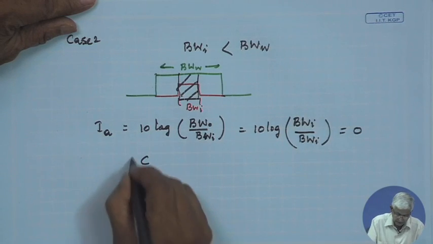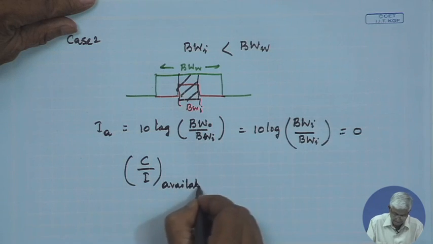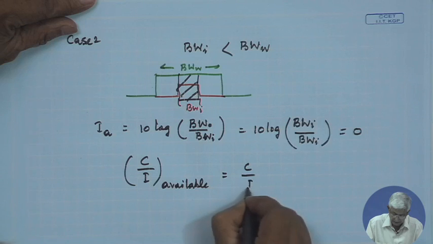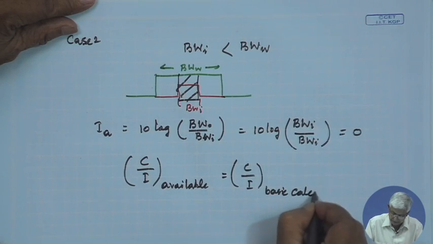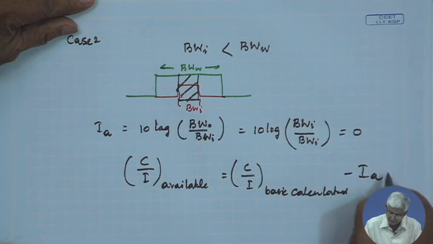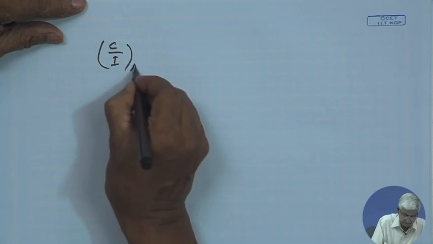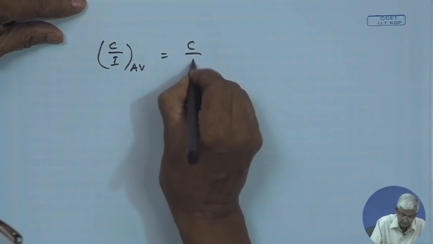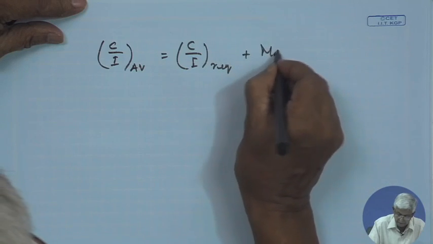So, C by I available is C by I basic calculated minus interference adjustment factor in dB. So, C by I available is equal to C by I required plus margin.